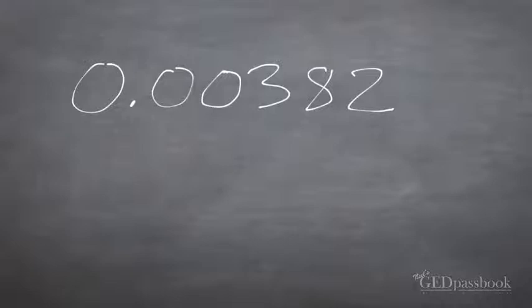But this time, we got to make sure to put our negative. So here we go, 1, 2, 3. Behind the first whole number that you come across.